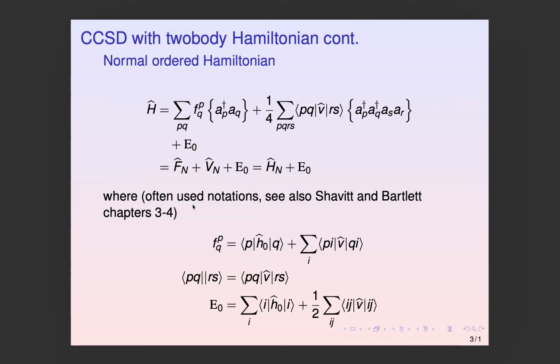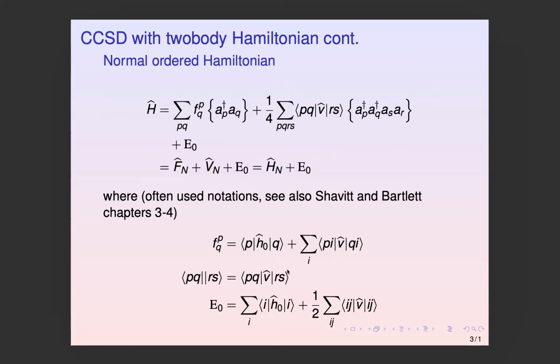You will also see the kind of notations which you find in the textbooks. So what I did here was to borrow some of the notation from Shavit and Bartlett, to link what we have done with that textbook, which has become a kind of standard textbook for those who do quantum chemistry in many-body theory.